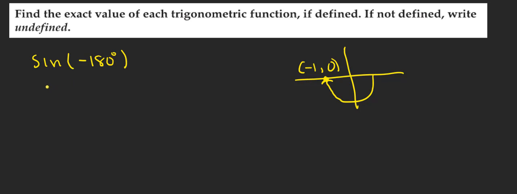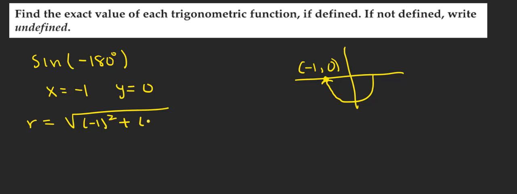So in this case, x equals negative 1 and y equals 0. Now what is r? r is going to be the square root of negative 1 squared plus 0 squared, which is going to be 1.